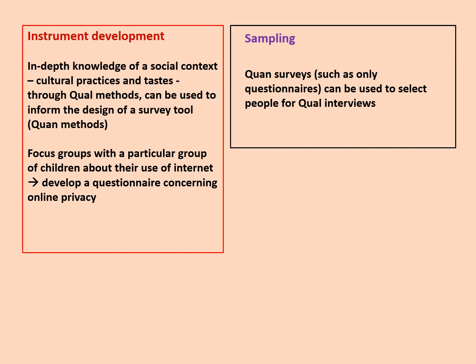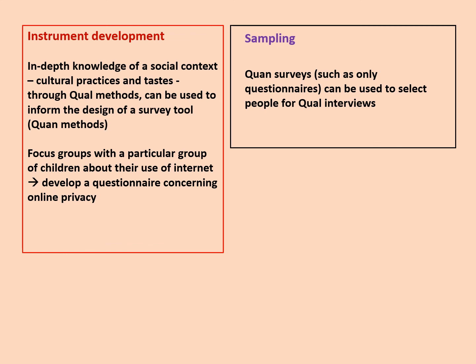Instrument development. Let's say we want to develop a particular survey, that is, a quantitative method, to study the topic of internet use by children. But we are not sure of what exactly we should be asking in the survey. So we may use a qualitative method in order to develop the instrument we want to use, that is, the survey.